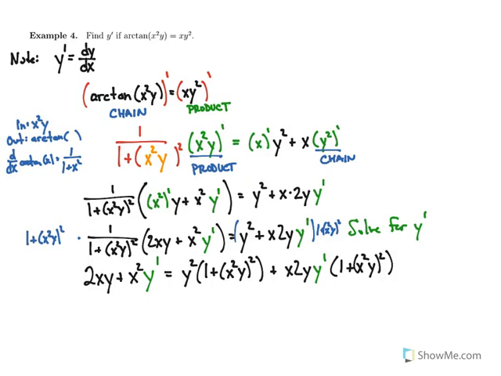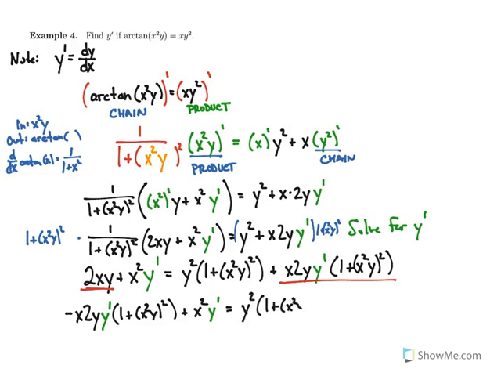So now we're going to bring everything with y prime to the one side, and everything else to the other side. So we're going to move the 2xy to the right. We're going to move everything with the y prime to the left. We can write that as negative x 2y y prime times 1 plus x squared y squared plus x squared y prime is going to equal y squared times 1 plus x squared y squared minus 2xy.